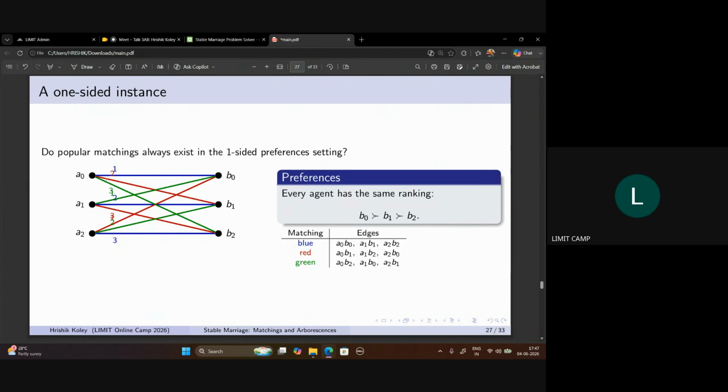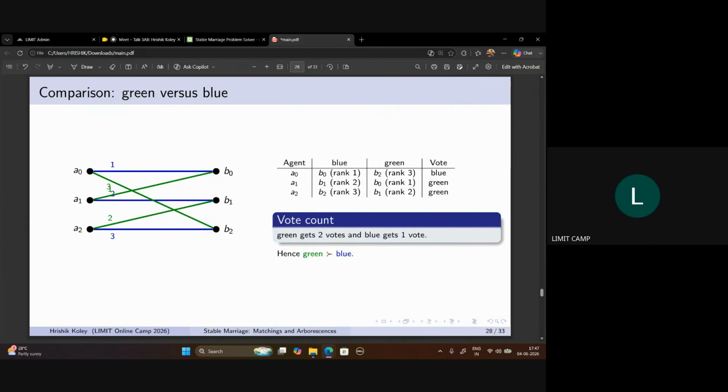Every agent has the same ranking, that it prefers B0 over B1 and B1 over B2. So now consider this case. We compare the green matching with the blue matching. In the blue case, A0 gets B0, A1 gets B1, A2 gets B2. In the green case, A0 gets B2, A1 gets B0, and A2 gets B1.